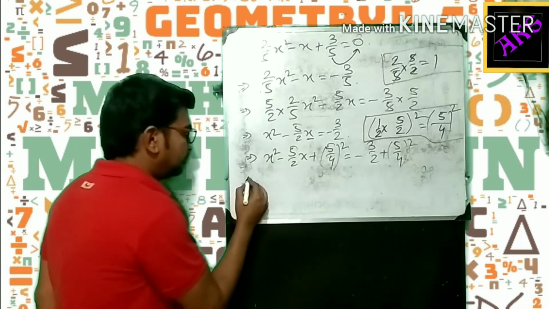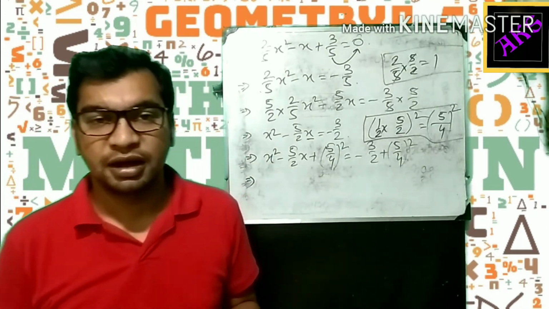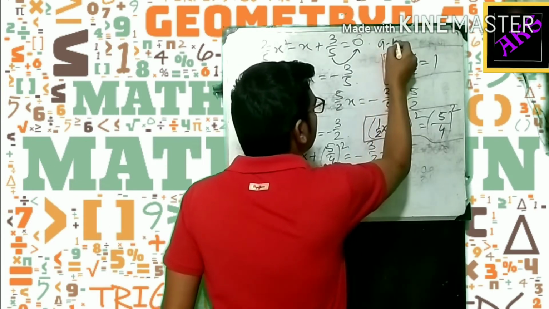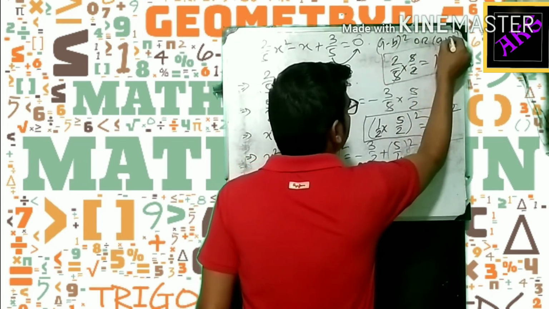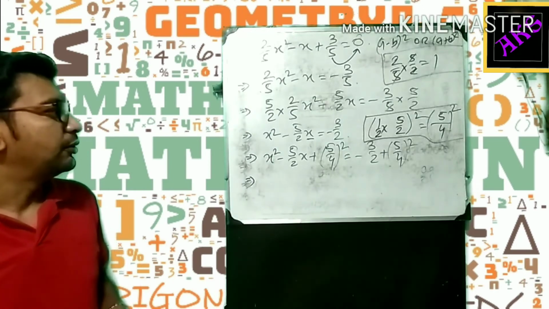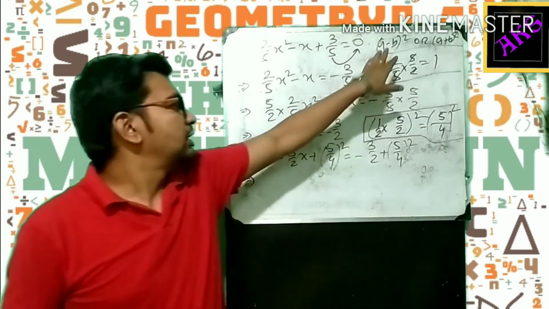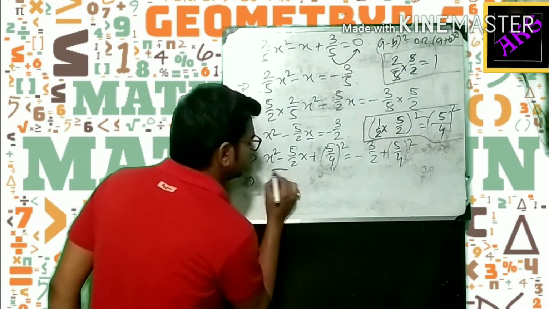Now, in our next step, we will use our favorite formula, that is a minus b whole square or a plus b whole square. I'm sure this is your favorite formula. Now, how will we decide which formula is to be used? We'll decide it according to this sign.